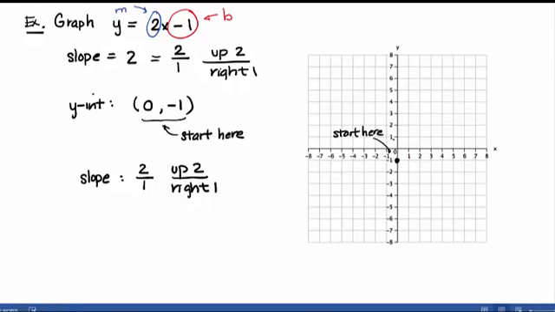So I go 1, 2, right? Up 2. And then I go right 1. So I go up 2, right 1. And there's my second point, and I can draw my line.